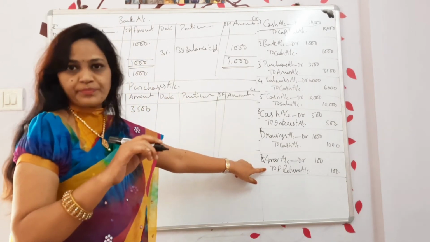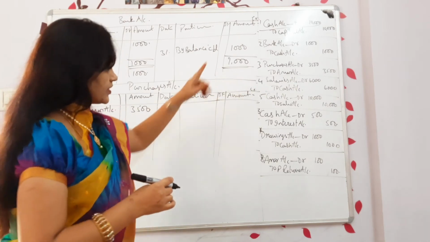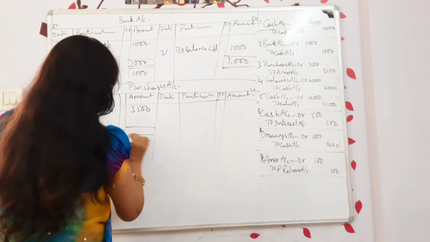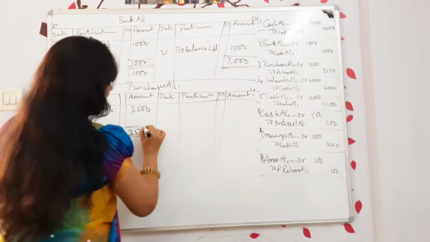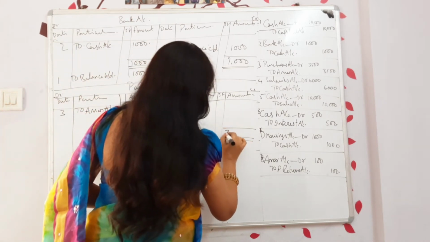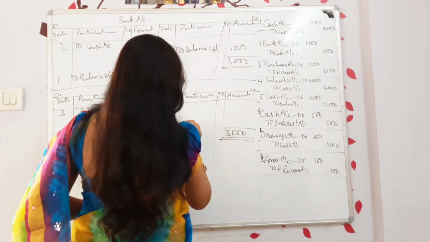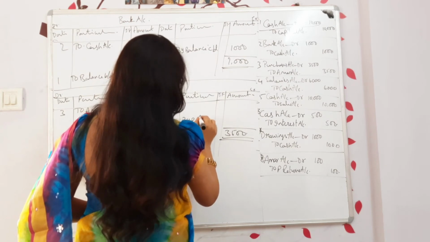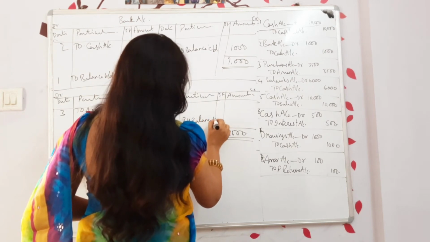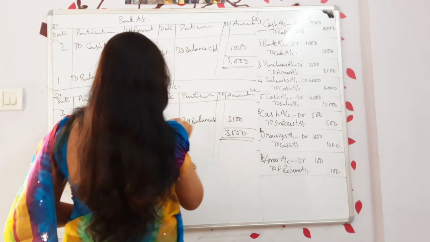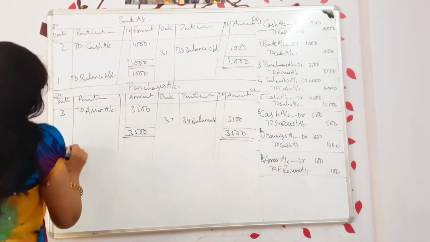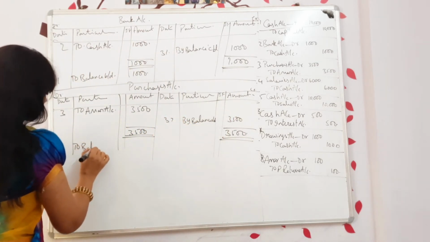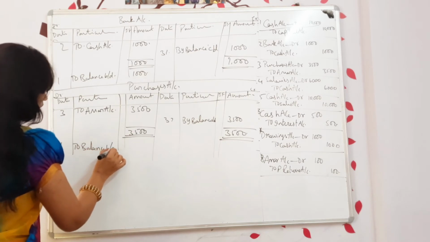That is not purchases, so you need not take it. Only one. 3,500. So we write here by balance carried down 3,500 on 31st. Again on 1st, to balance brought down 3,500.